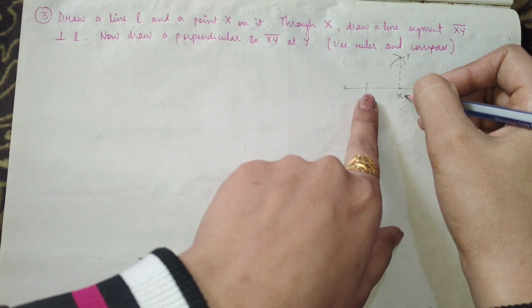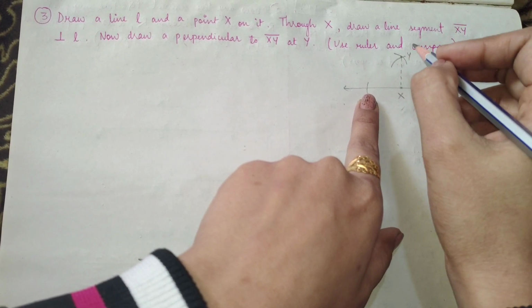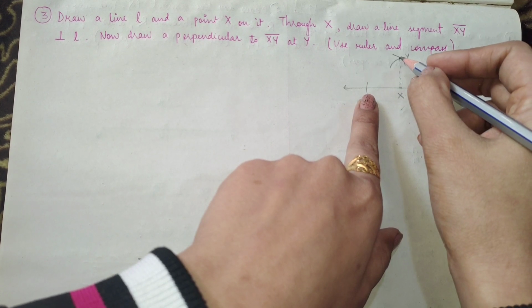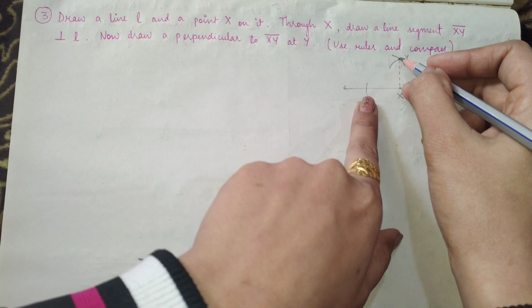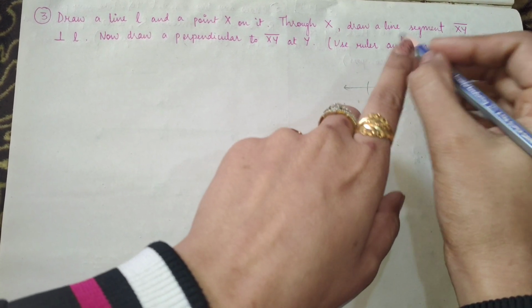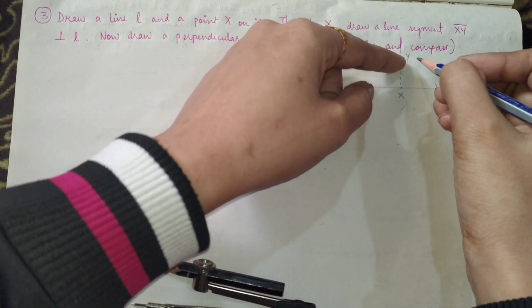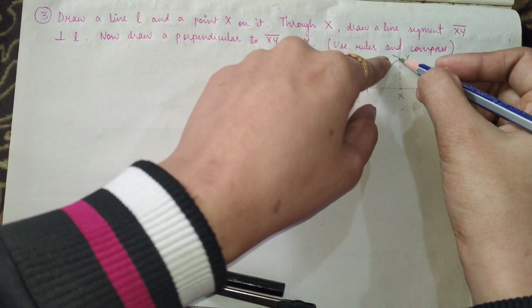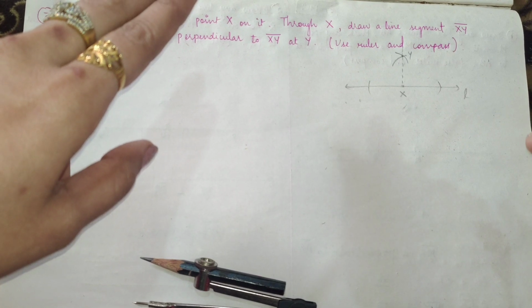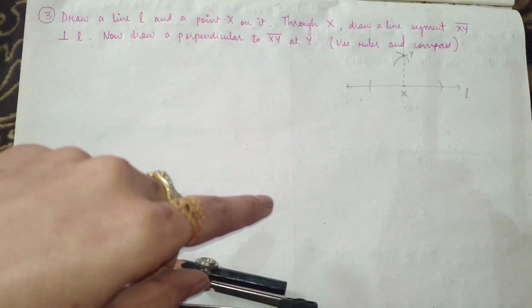That's the first part. In the second part, you are supposed to draw a line perpendicular to XY, which should pass through Y. Okay? So we'll extend this a little further and repeat the same procedure by keeping your pointer on Y. You are doing the same thing twice.